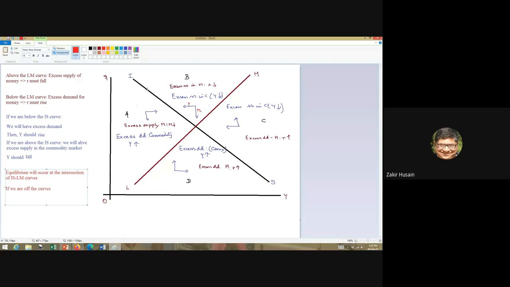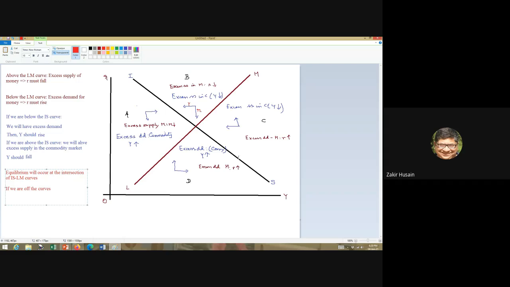And the other market or maybe markets will be in disequilibrium. So at this point, can you tell me how many markets are in disequilibrium? If you're on the IS curve, two. Money and bonds market. So do we have excess supply in the money market? Yes, sir. So in the bond market, excess demand.